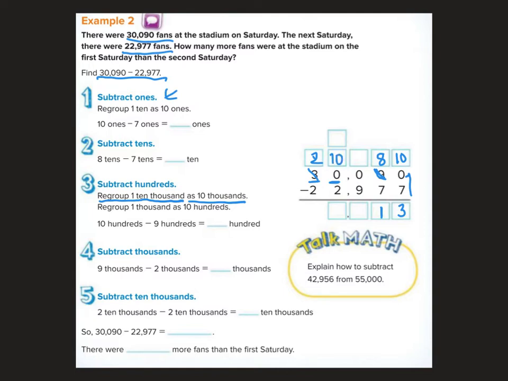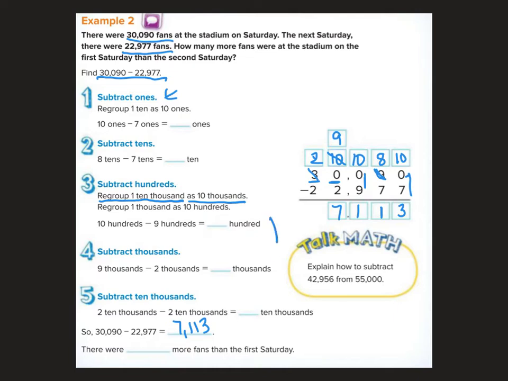But that didn't help me in the hundreds place, so now I need to ungroup my 10 thousands, so now I have 9, and make it 10 hundreds. Now I have a 10 here. 10 minus 9 is 1. 9 minus 2 is 7. And 2 minus 2 is 0. So I get 7,113.